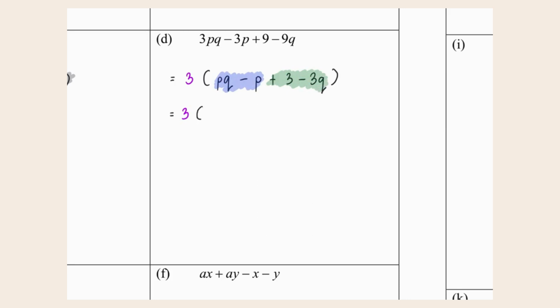And I saw that I'm going to do something interesting. I'm going to rearrange and write as negative 3q, positive 3. Because I saw that the term with the q comes first for the blue color group. Now, this will make things slightly easier for us because then I saw that p is the common factor.